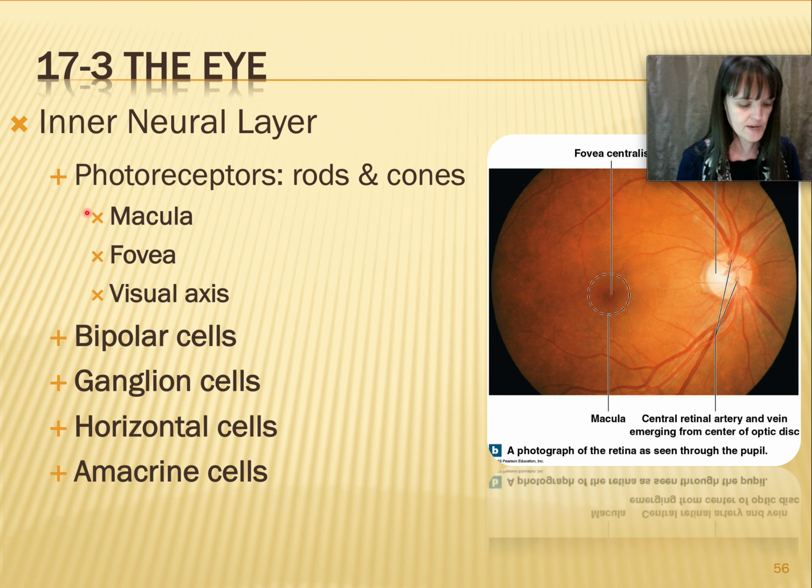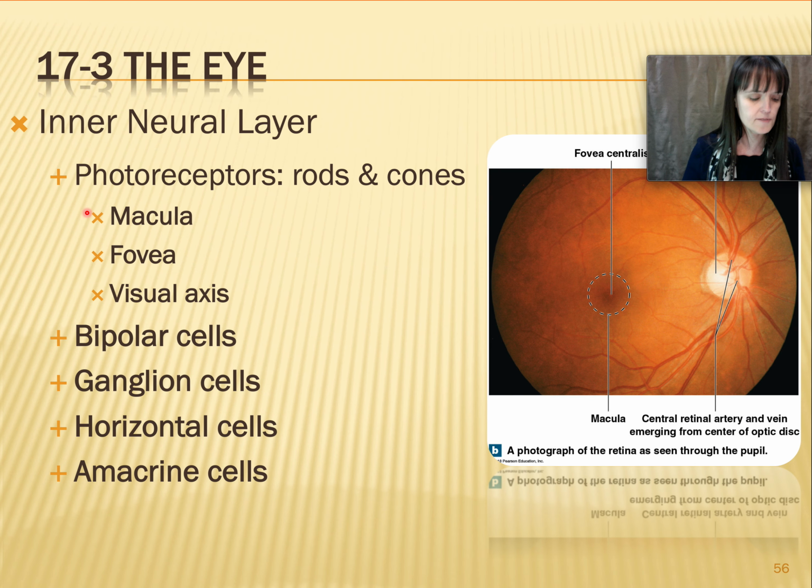The center of the macula, which has lots of rods, is the fovea centralis. I don't know if they call it the fovea centralis anymore. I think they just call it the fovea now. And the fovea is the center. It's the site of sharpest vision. It's the highest concentration of cones. And it is an indent, a shallow depression.